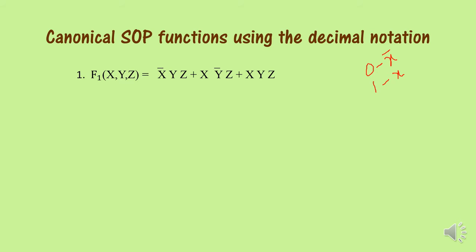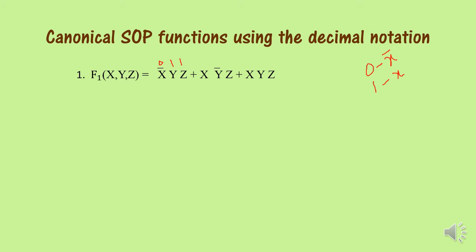So, here, what is the expression x bar yz? How is it represented in binary form? This is 0, this is 1 and this is 1, because x is a complemented variable, y is a single variable and z is also a single variable.